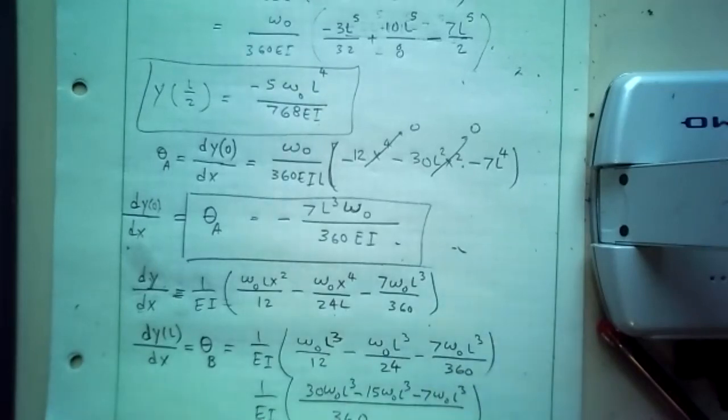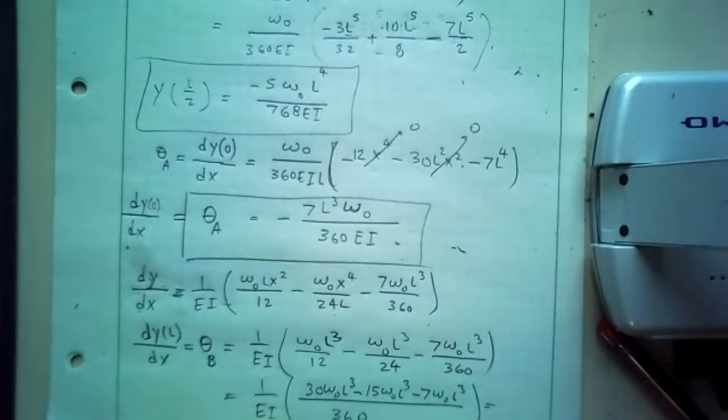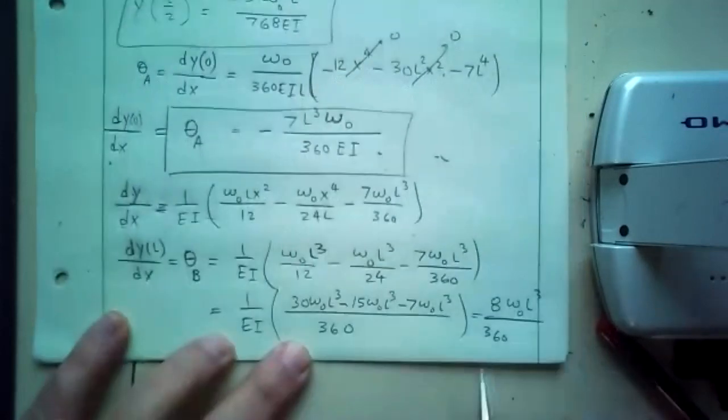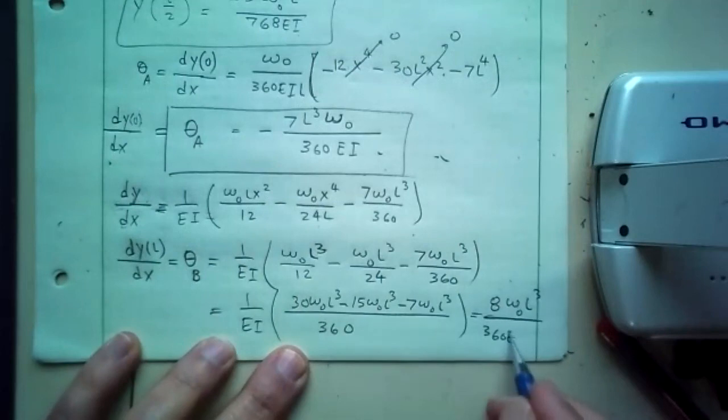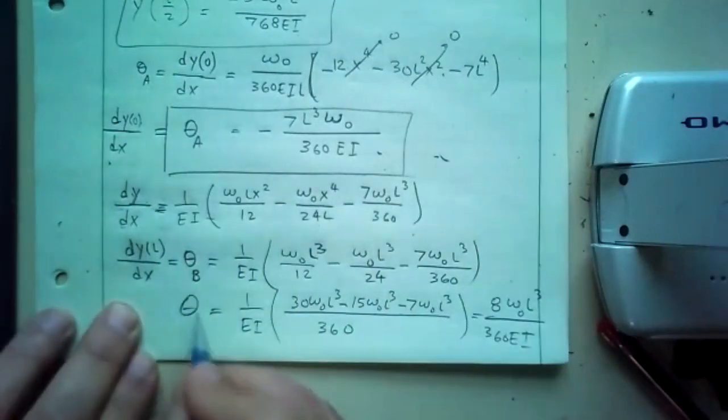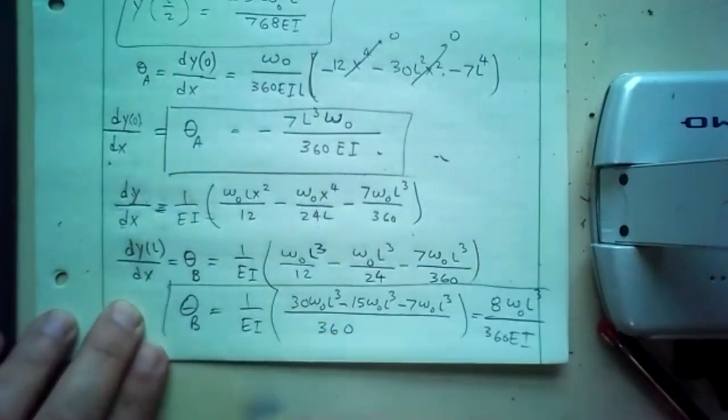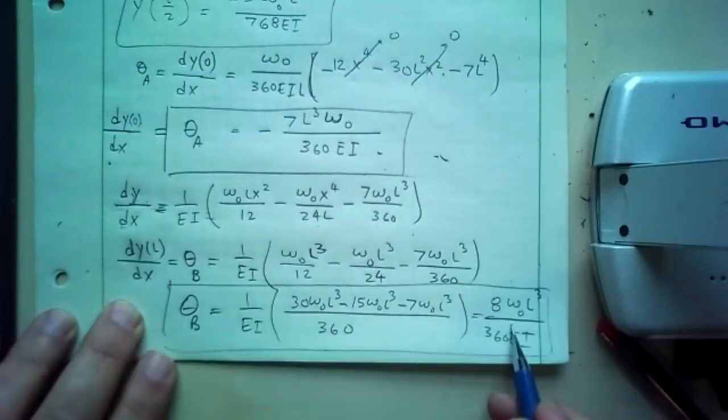So I expect a positive slope, and it will be positive. I have this be 8 W naught L cubed over 360 EI. So this is the slope at B, and you can see it's a positive slope.